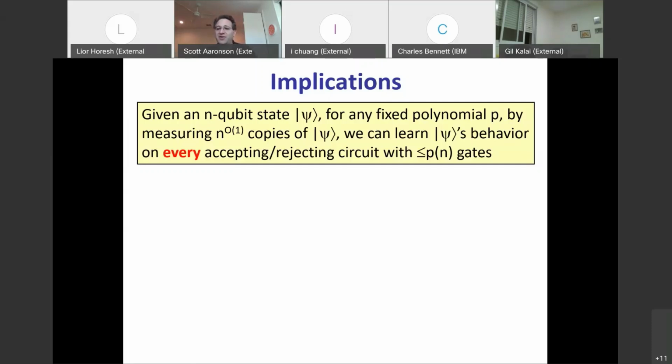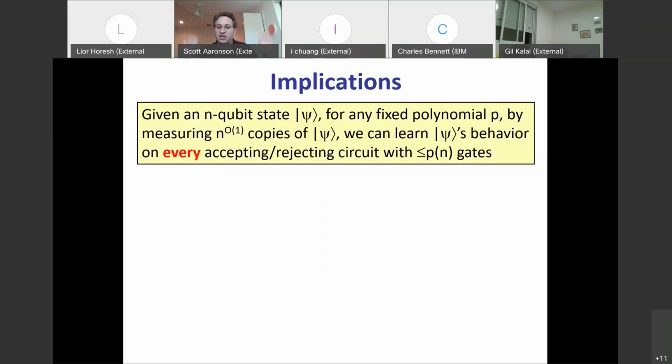By behavior, I mean the approximate probability that that circuit accepts or rejects psi. So this is kind of surprising, right? The quantum state is this exponentially large object. We have an exponential number of different small circuits with respect to which we might want to know the state's behavior. And yet a polynomial number of copies of the state suffices for us to get that information.